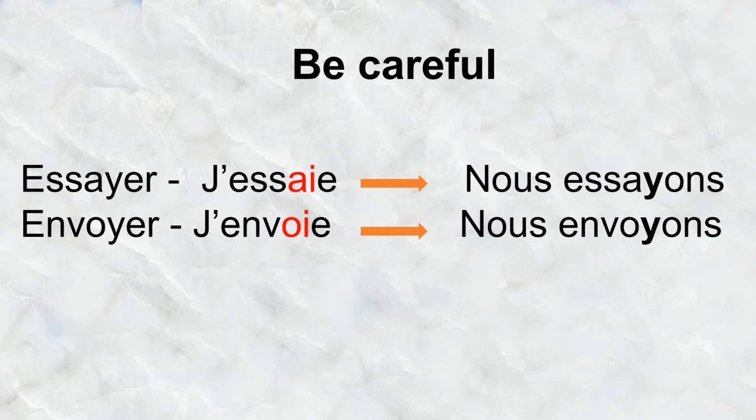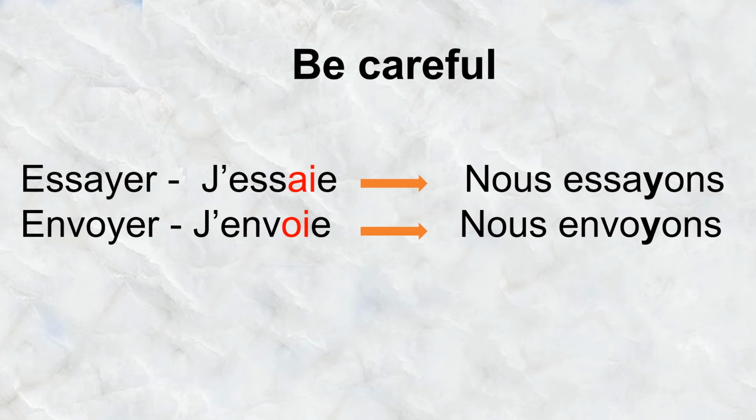However, when we need that y sound, we're going to have to put the Y again, and that is going to be for the nous and the vous: nous essayons, vous essayez. But for all the other persons, it's going to be j'essaie, tu essaies, il essaie, and the last one will be ils essaient, same essai.